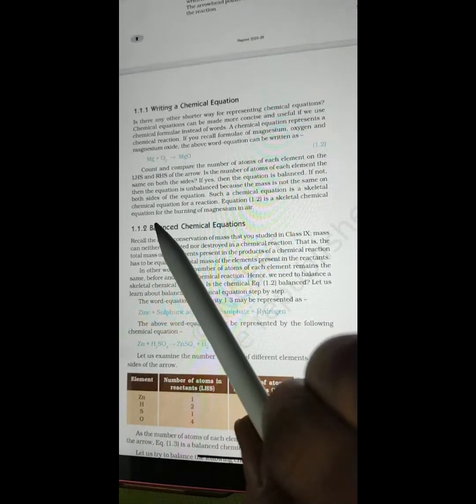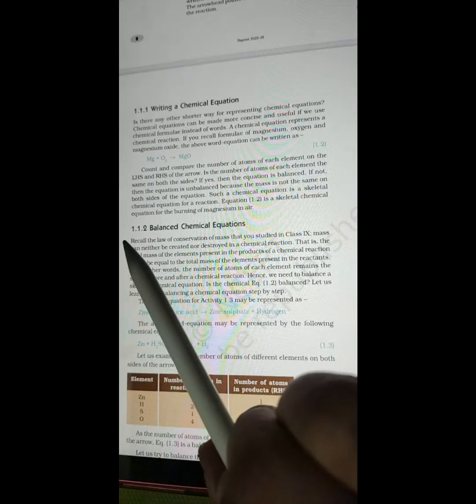If yes, then the equation is balanced. If not, then the equation is unbalanced because the mass is not the same on both the sides of the equation. Such a chemical equation is a skeletal chemical equation of a reaction. Equation 1.2 is a skeletal chemical equation for the burning of magnesium in air.